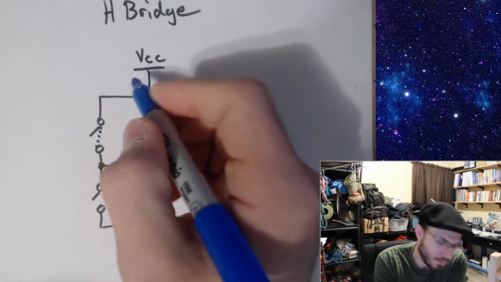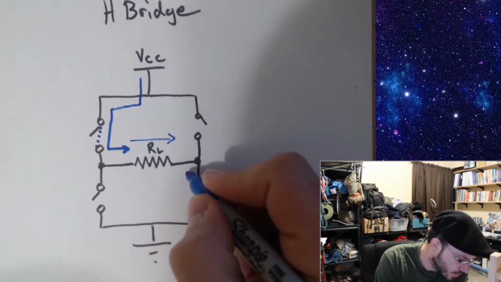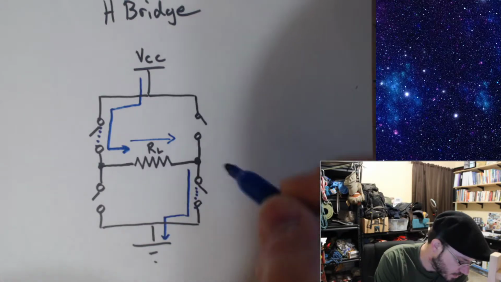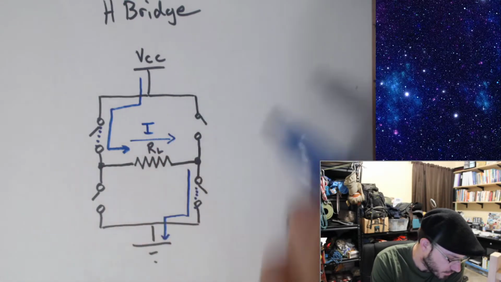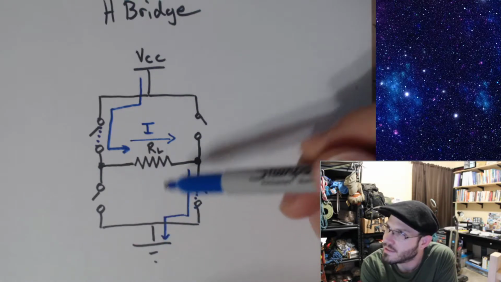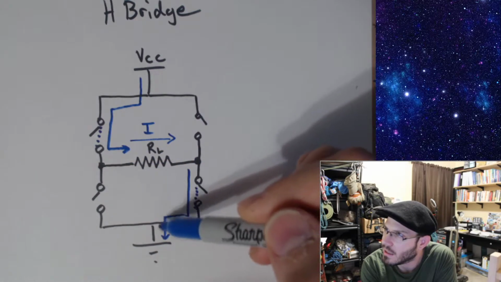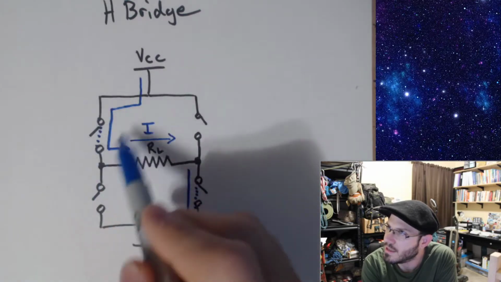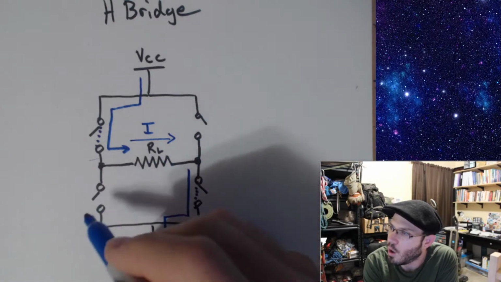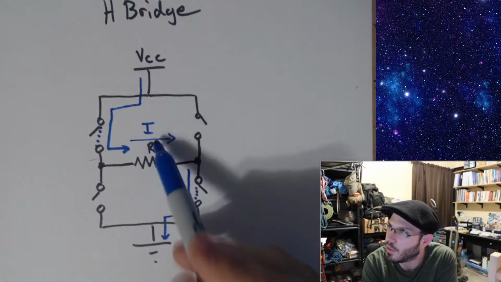And notice now my current goes from my positive to my minus, and the only path available to do that is through this switch and this switch. Both of these other switches are open. So the current's going to go to the right through my load.